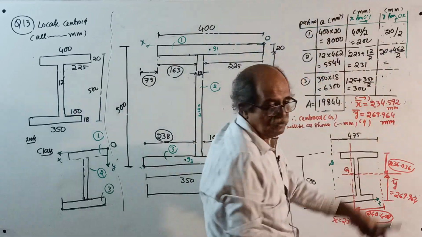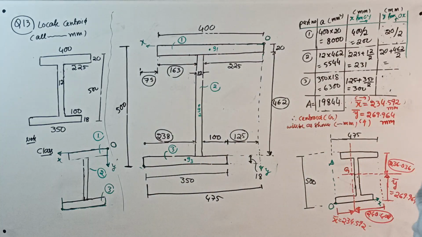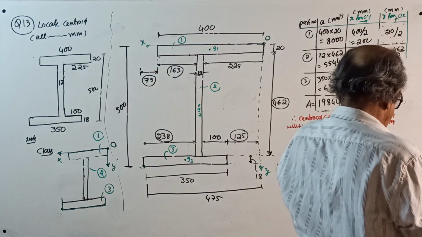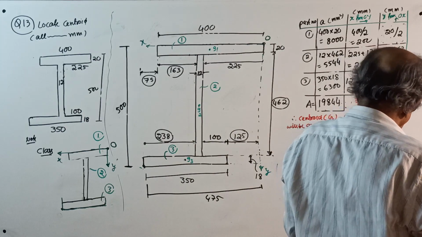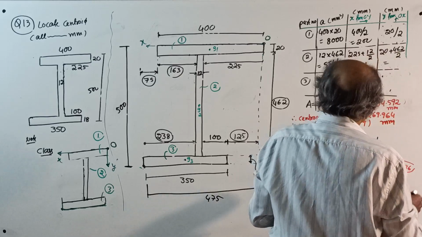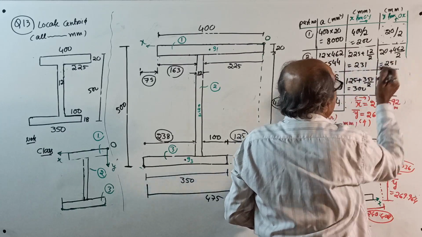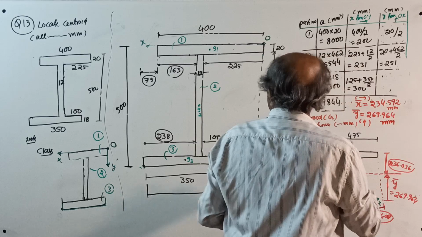This I have to calculate. 20 plus 462 divided by 2, calculator is not on, is 251. And the last one is this centroid.